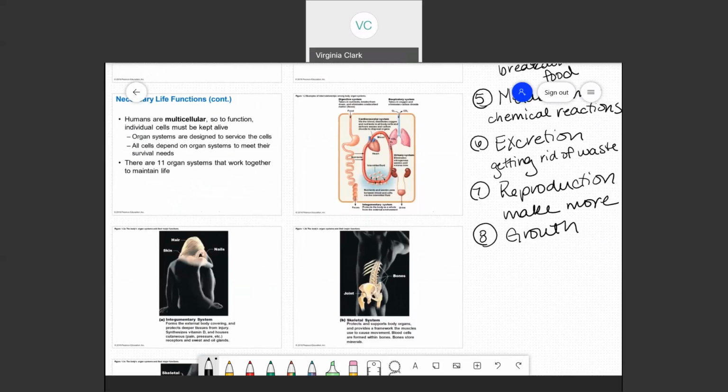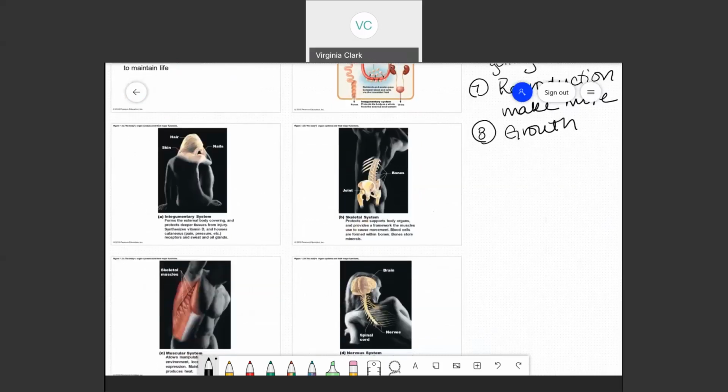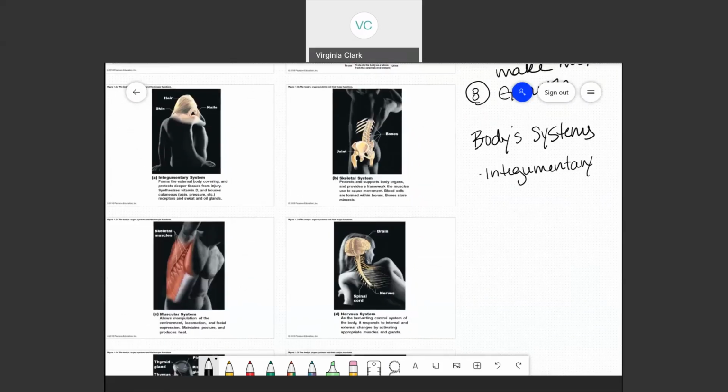Okay, so now looking at these black pictures and these outlines, this is going to be essentially just a list of all of the body's systems. This is just going to be essentially an overview of a list. So we're going to first have the integumentary system. This is going to be our skin. That's what we're going to cover first. And then this one right here, we have our skeletal, all of our bones.